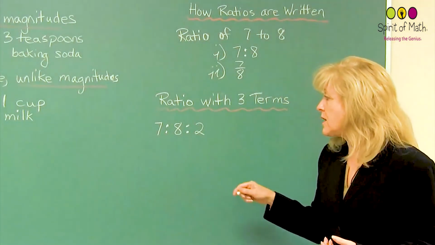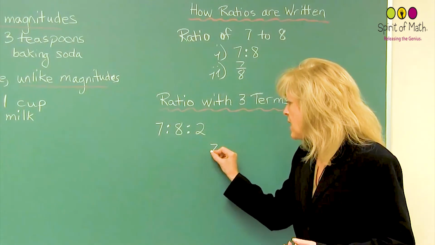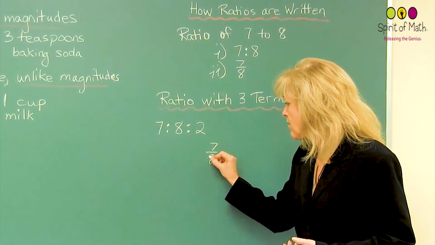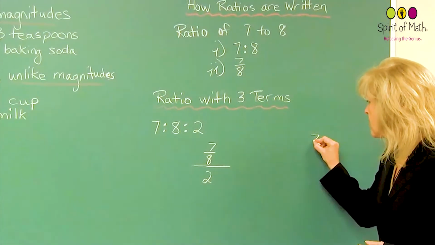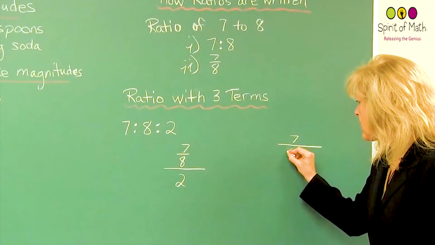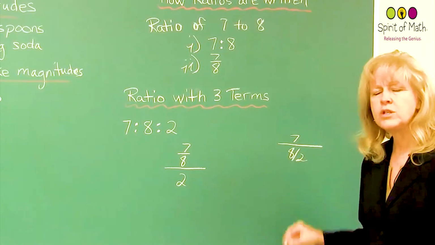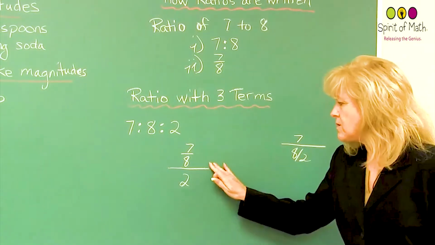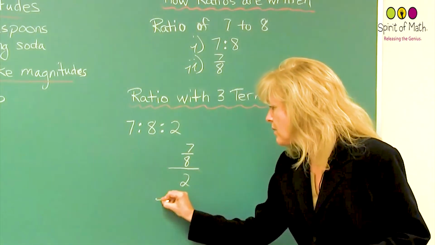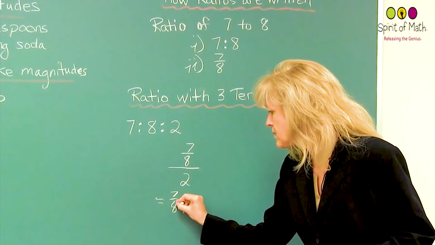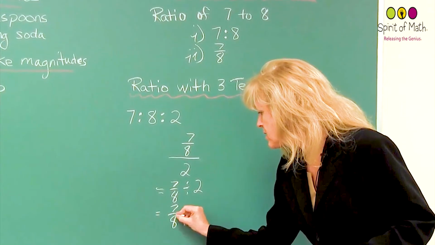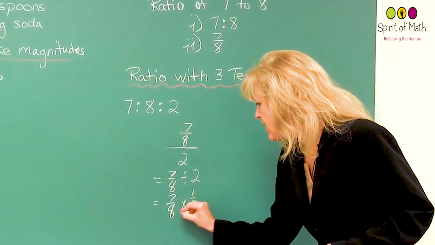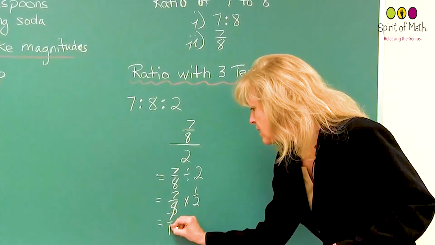The reason why you can't do it as a fraction: let's say you had 7 over 8 all divided by 2, or you may want to write this as 7 divided by 8 over 2. Which one is correct? They both give different answers. If you try 7/8 divided by 2, that equals 7 over 8 times 1/2, and that's 7 over 16.